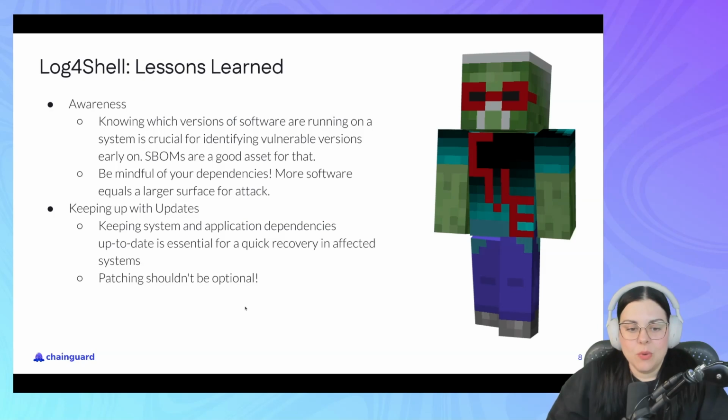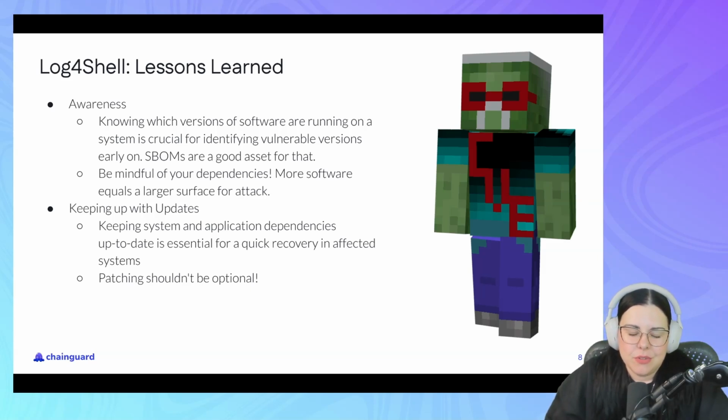And what lessons can we learn from Log4Shell? So there are two important topics here that we can talk about: awareness and also keeping up with updates. Awareness is knowing which versions of software you run, being able to quickly identify.